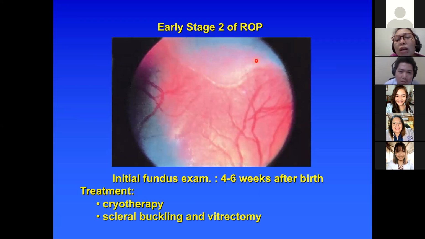This one has none yet, the periphery of the retina has no vascularization yet, it hasn't reached there. So when the patient is exposed to oxygen for a longer period of time, the blood vessels here will grow abnormally, like fanning. Sometimes they bleed and leak, so they will cause detachment in this area. There is the demarcation line.